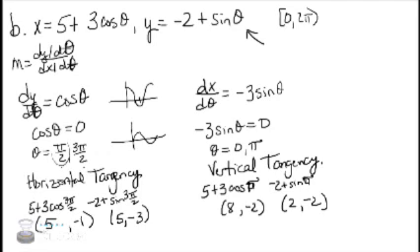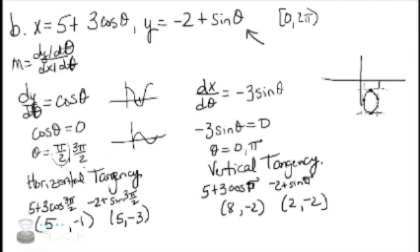So if you think about what an ellipse is shaped like, we have horizontal tangency at 5, -1 and 5, -3, so those would be the top and bottom of the ellipse, and then 8, -2 and 2, -2. Let's see, we're at 5, -1, here's 2. 2, -2 would be somewhere like here. So we'd have an ellipse, and we just found that we have 2 points of horizontal tangency and 2 points of vertical tangency, so that makes sense.